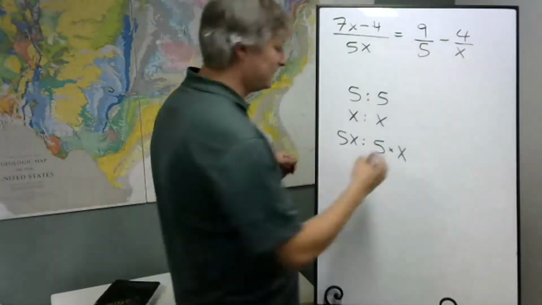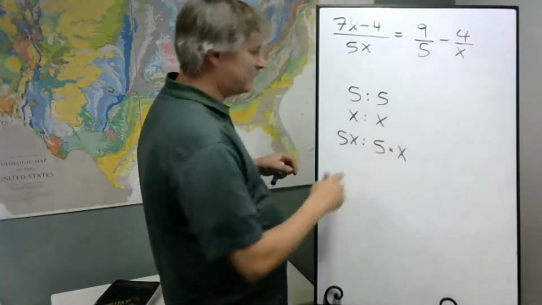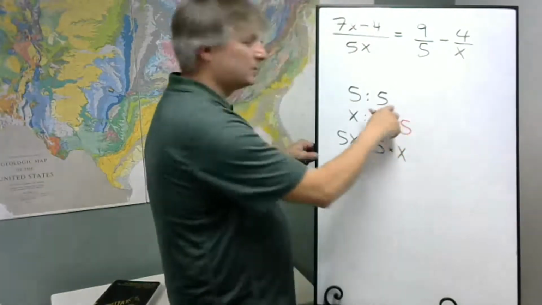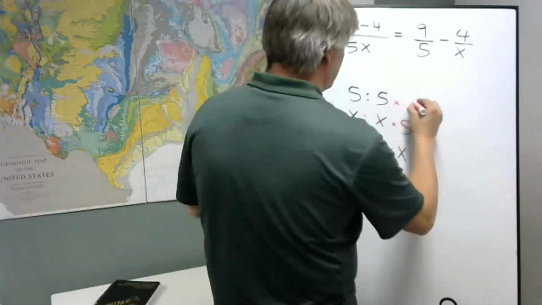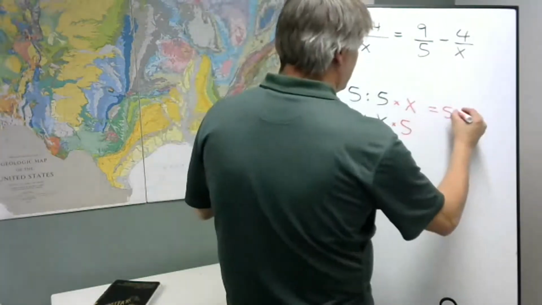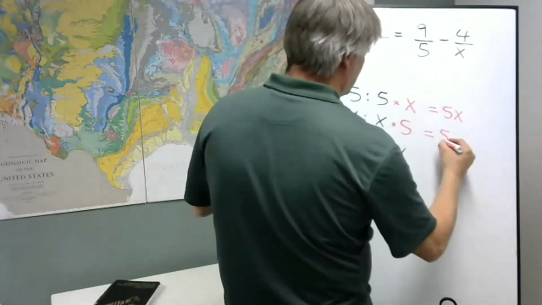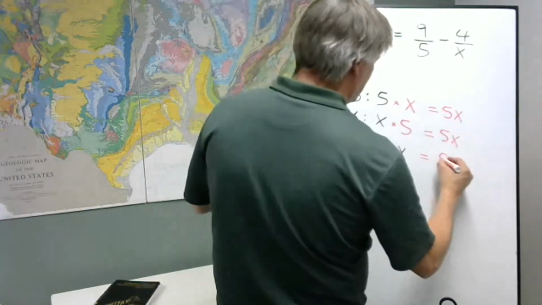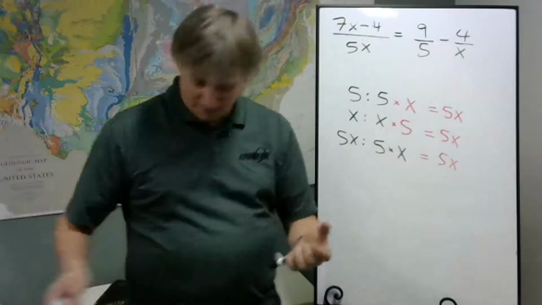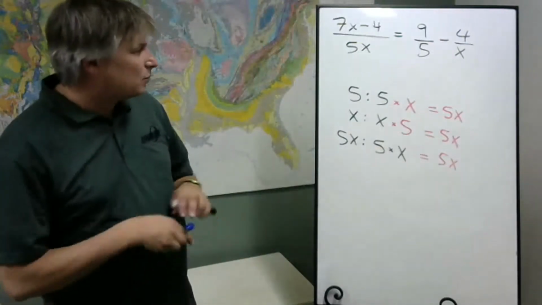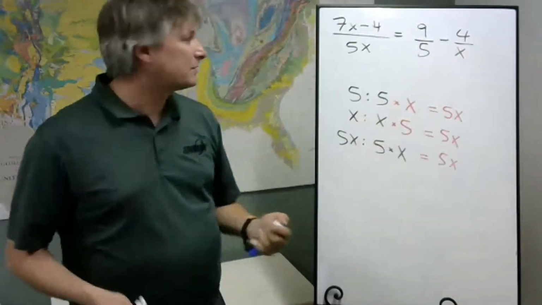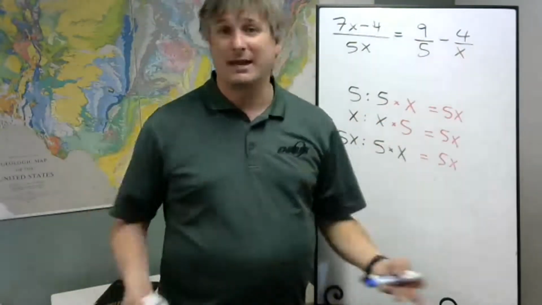So this one's got a 5 and an x, but this one's missing a 5, and this one's missing an x. So we'll get 5x, 5x, and 5x. That tells us what our LCD is going to be. So what we're going to do is multiply all through here by 5x, trying to get the denominators to cancel out.